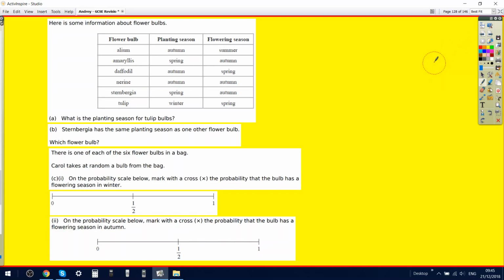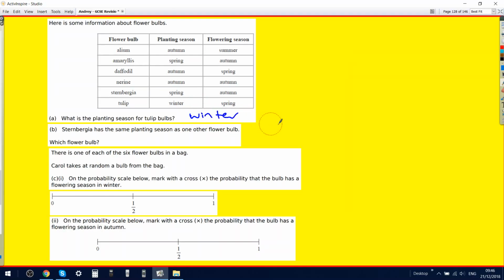Okay, two-way table, part A. Winter. Yeah.